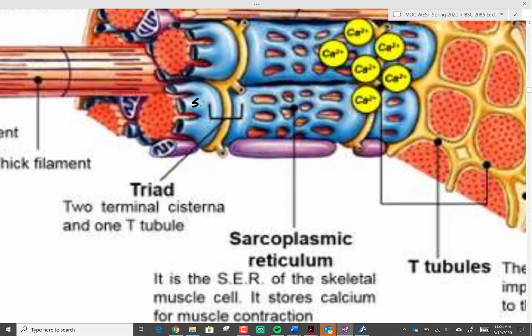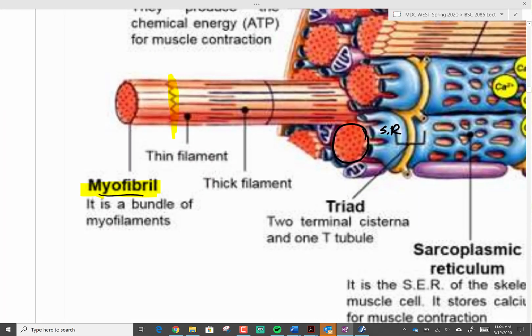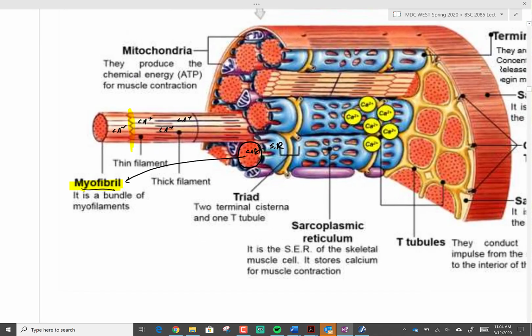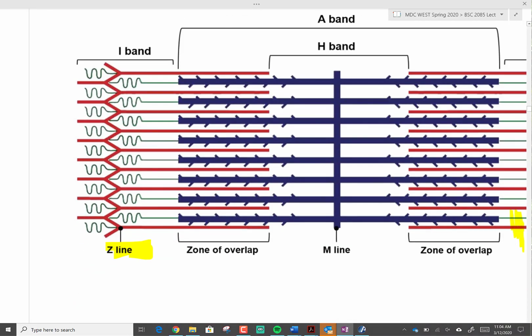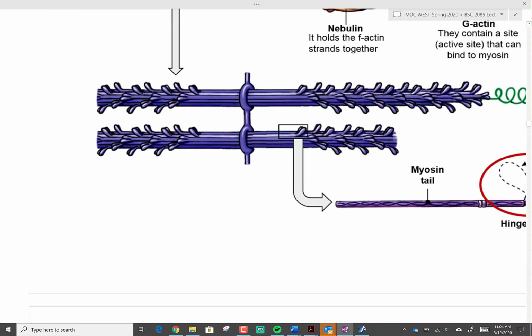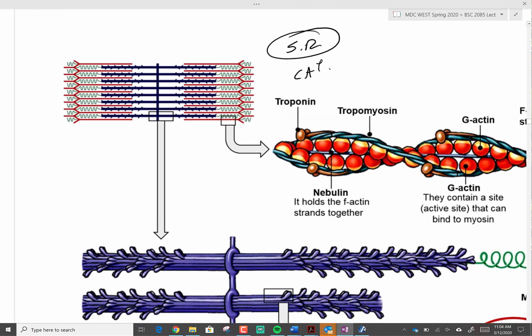Look at it. You have your sarcoplasmic reticulum here, right? That is on top of this structure that is underneath. So that's another myofibril. Does that make sense? So as the calcium goes from the sarcoplasmic reticulum, that calcium goes onto the surrounding myofibril, right? That calcium is actually binding to something there, and that something is known as what?